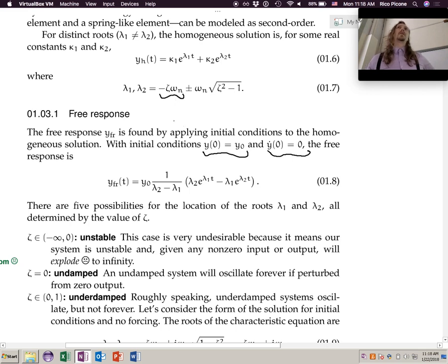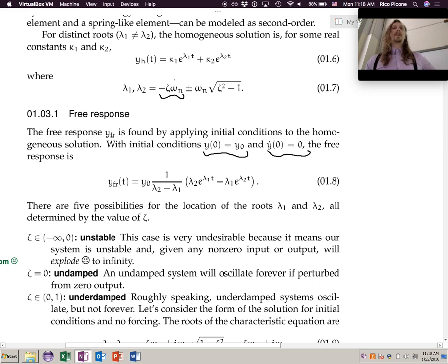Okay? Those of you who are familiar with the mechatronics class will recognize that as an unstable system. It's an important thing to go back and review. It's in the last chapter of the Volume 1 System Dynamics that we went through. Remember that our homogeneous solution is composed of e to the lambda 1 t and e to the lambda 2 t.